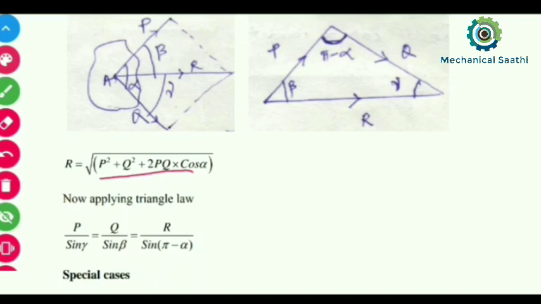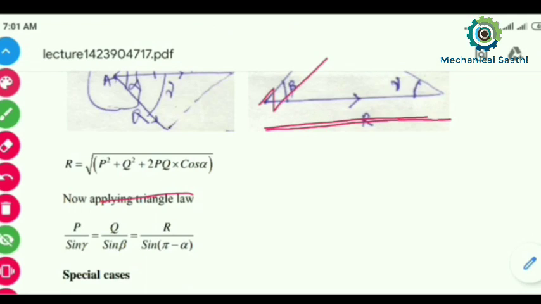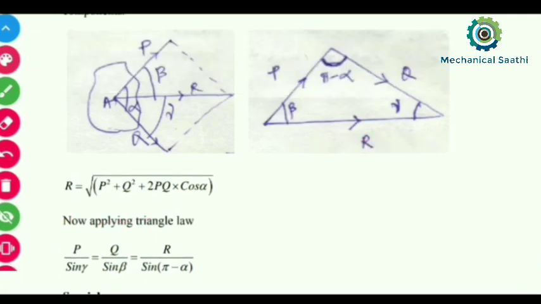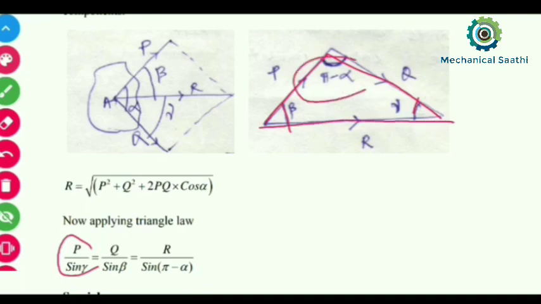It says that for any triangle, the side divided by the sine of its opposite angle is equal for all sides. Let me take this side, that is P, and opposite of this side it will be gamma. So P by sine gamma will be equal to Q by sine beta, and that will again be equal to R by sine of pi minus alpha.